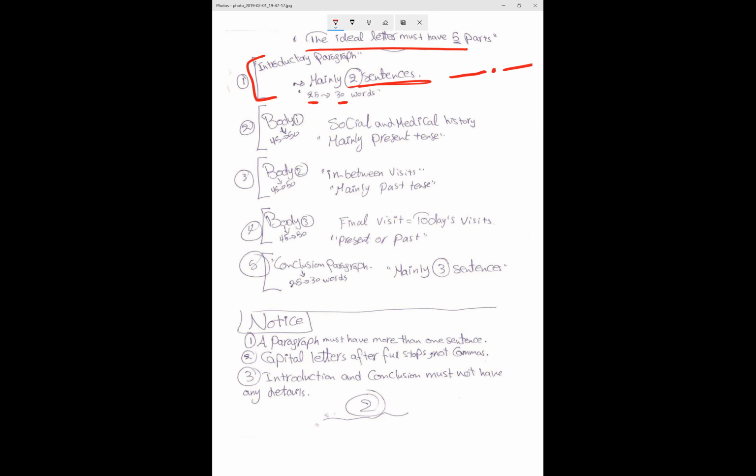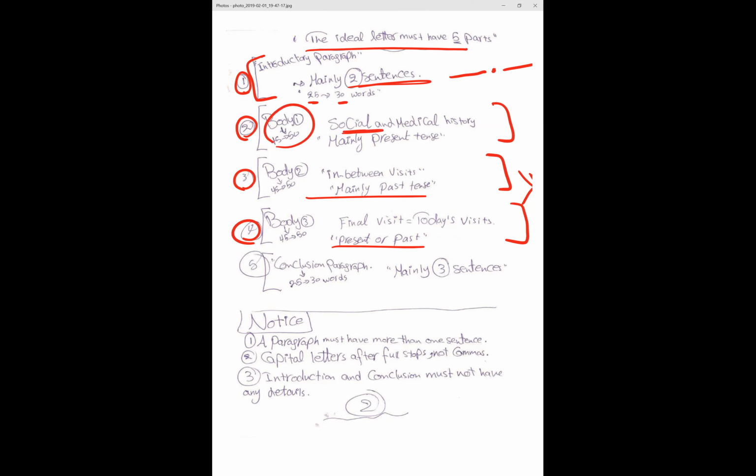Once you have finished the introductory paragraph, you will make 3 bodies, or 3 paragraphs. Those are the visits, 2 or 3 visits, and the second one will be social and medical history.